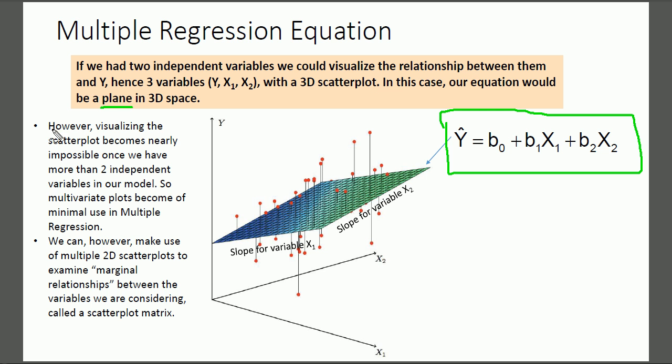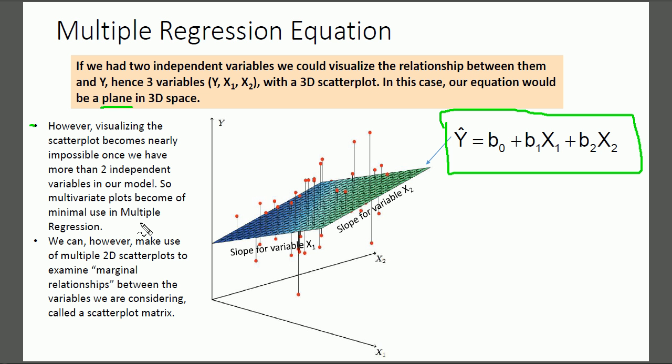Okay, so what I'm saying here is visualizing the scatter plot becomes nearly impossible once we have more than two independent variables. So multivariate plots become of minimal use in multiple regression. We can, however, make use of multiple 2D scatter plots to examine what's called marginal relationships between variables we're considering.